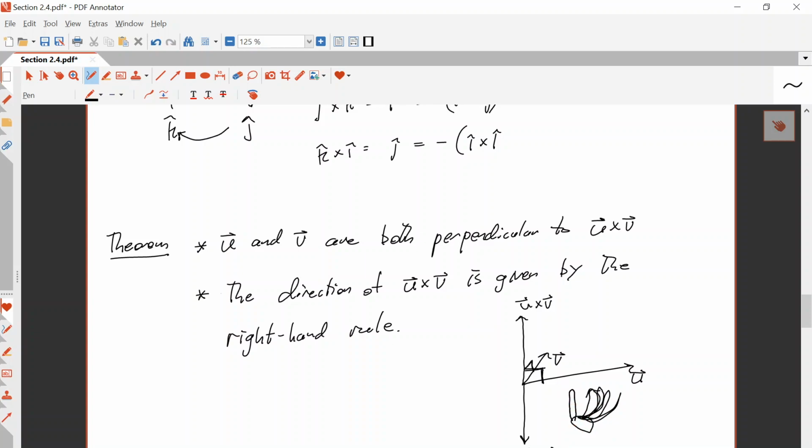Now my thumb is pointing upward. So that's U cross V.